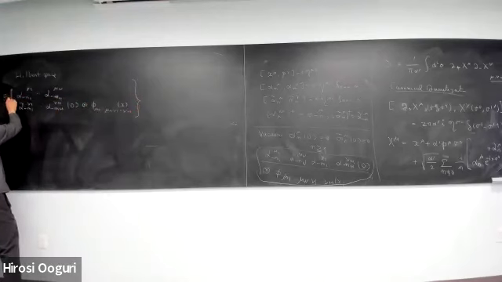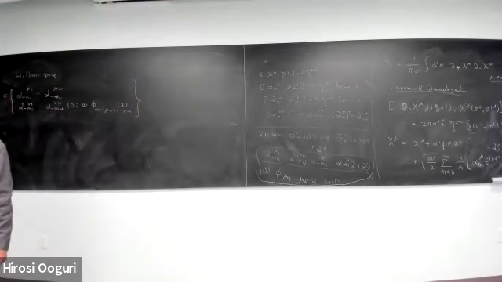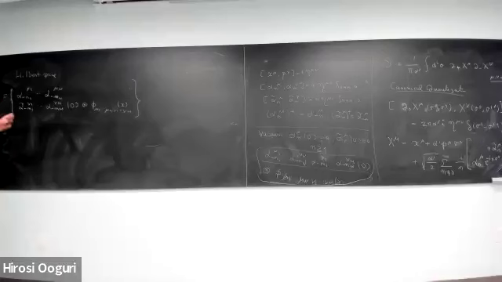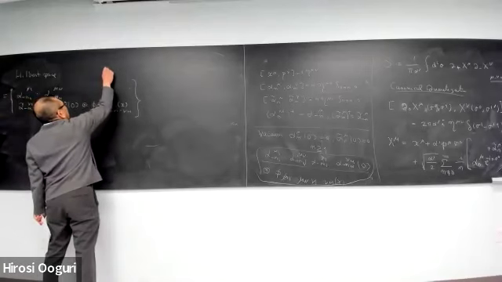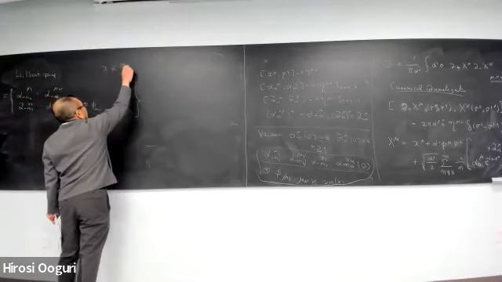This is the Hilbert space, but this is not yet the physical Hilbert space because we have not imposed the constraint. What is phi? Phi is an arbitrary normalizable function on the space-time. So x is a coordinate in the space-time.